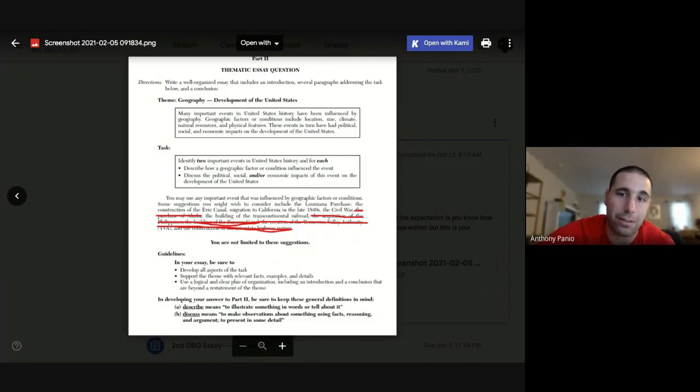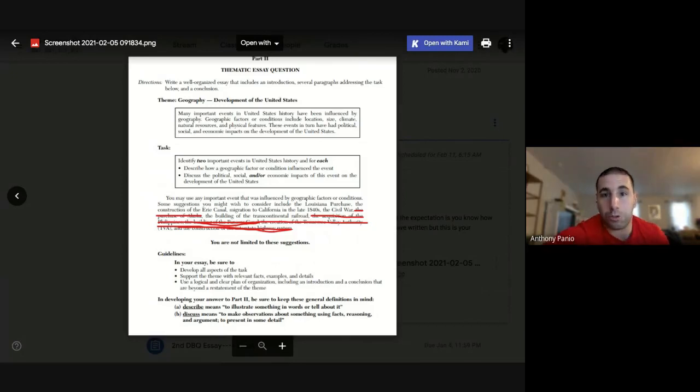Describe how a geographic factor or condition influenced the event. It's basically the same thing as historical circumstances. In fact, you could just treat it the same. Okay, we can call it something else. We could talk about how these were geographic factors, but ultimately we're looking at how geography influenced, okay, what were the causes of certain events through a geographic lens.